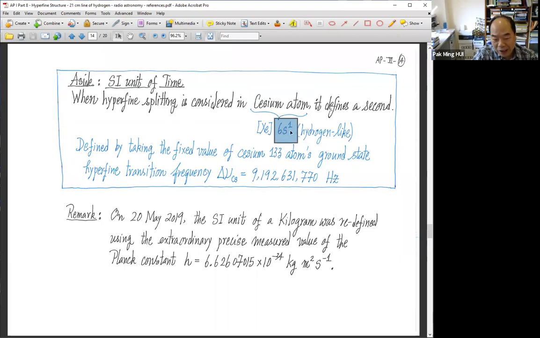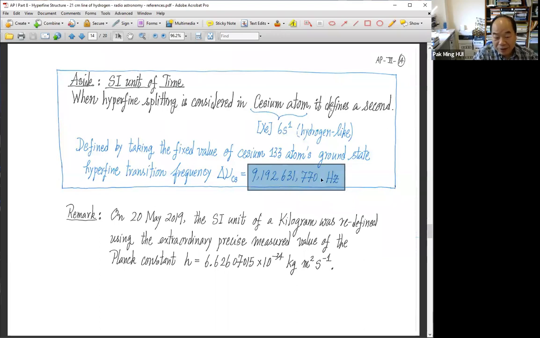The reason for using this is that the hyperfine structure is measured even more accurately. So this is the number that many labs in the world can easily reproduce. And therefore, I will go back to that later. This number is now being used to define a second.